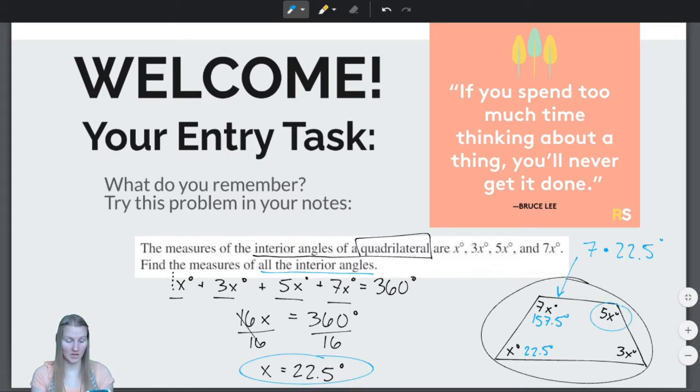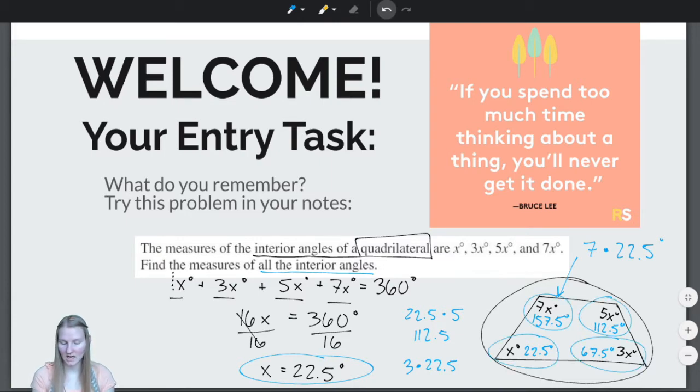For the 5x, I'm going to multiply 22.5 times 5. 22.5 times 5 is 112.5, so this angle is 112.5 degrees. And for the 3x, that's 3 times 22.5, which is 67.5 degrees. So there you go.